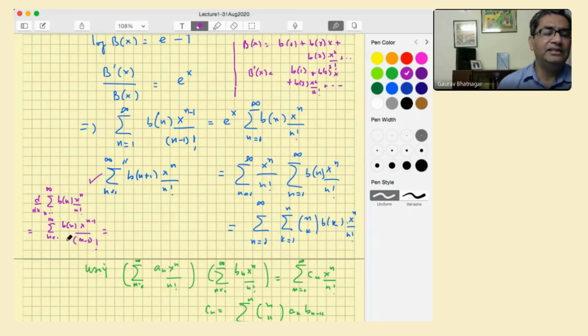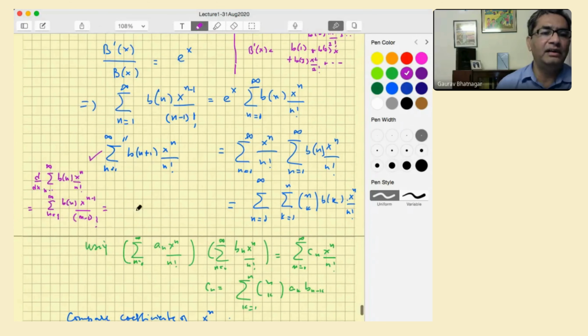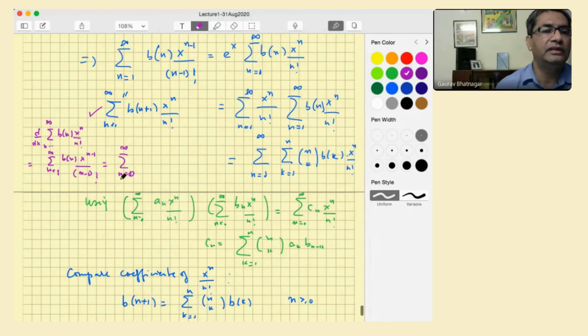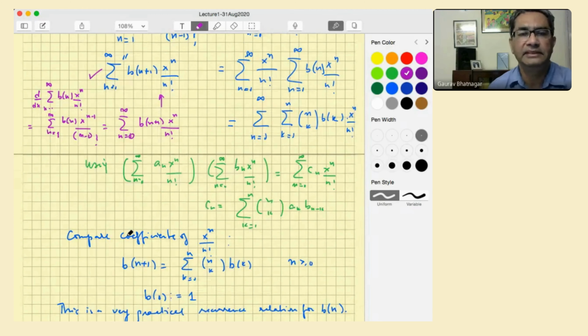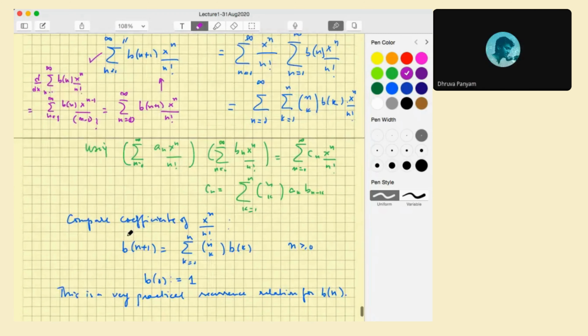And then I can just shift the index. I want to start from 0, so I will add 1 to all the n's. And that will give me this thing. Does that clarify? Dhruv? Yeah, thanks.